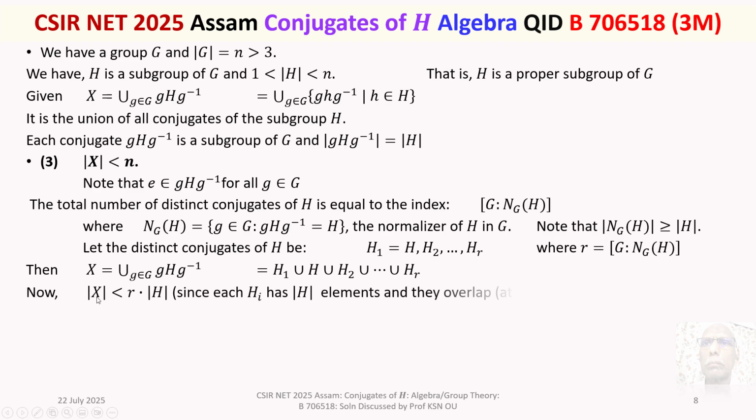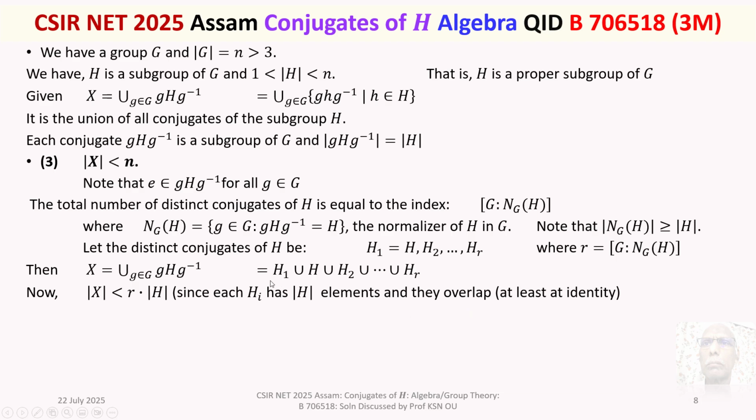So therefore, what will be the order of X? The order of X will be the number of conjugates, that is R, times the number of elements in each conjugate, which has order of H elements. Why less than? Because they overlap at least at the identity.